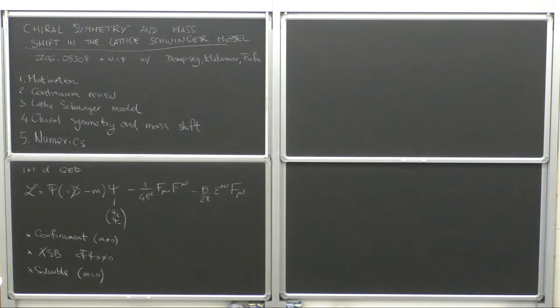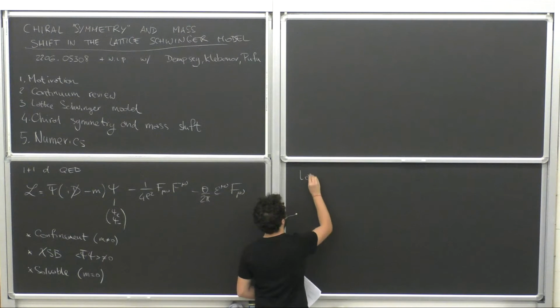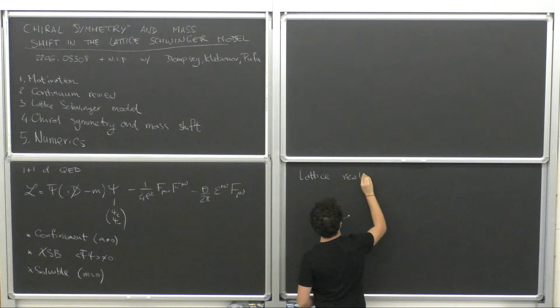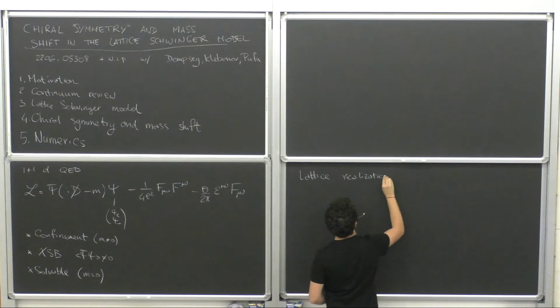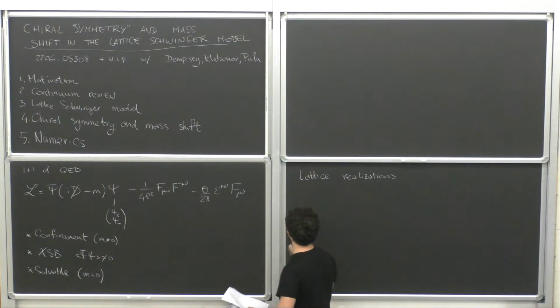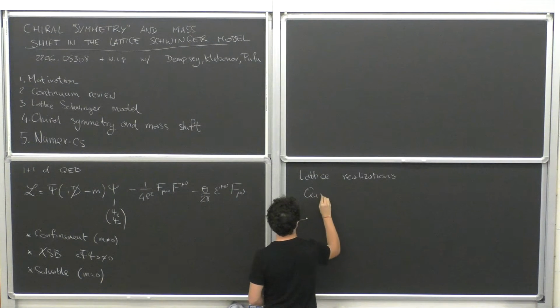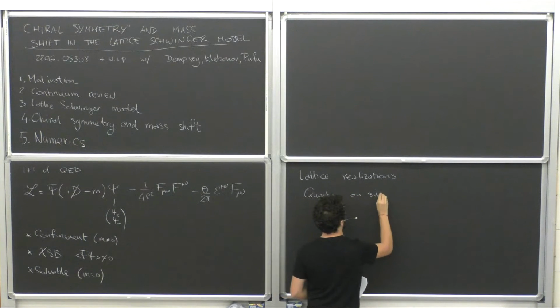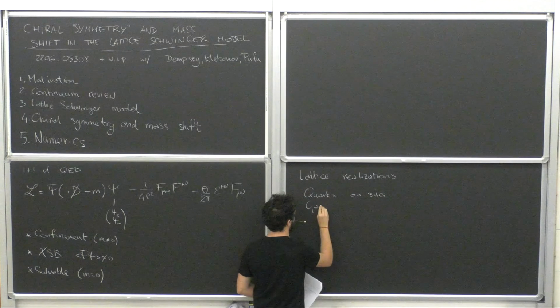So if you're a high-energy theorist, like I am, maybe you're interested in this model for the following reasons. What I'm going to do, and I'm going to show it in due time, is consider also its lattice realization. Which means that I will consider a spin chain, which has some quarks living on sites, and some gauge fields living on links.